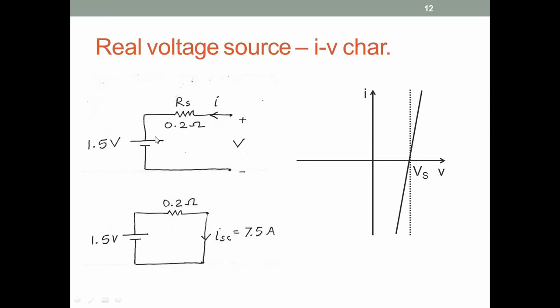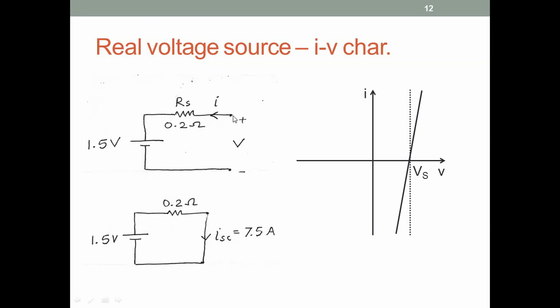Then the voltage source will be receiving current, and what this is telling us is that the voltage applied to this voltage source has to be greater than 1.5 volts, only then will it charge. And when the current is negative with this definition of the polarity, the voltage source is supplying power to the rest of the circuit.